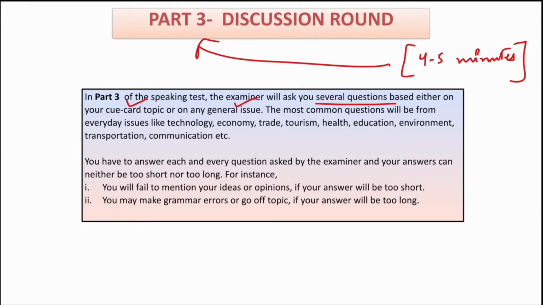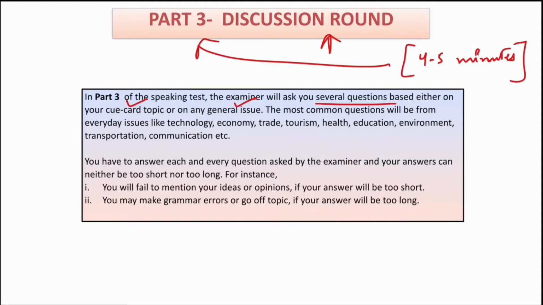For the gift topic, the discussion questions can be: talk about any occasion where you like to exchange gifts, or where people in your country like to exchange gifts. These kinds of general questions can be asked, but they will be based on the Q card topic.